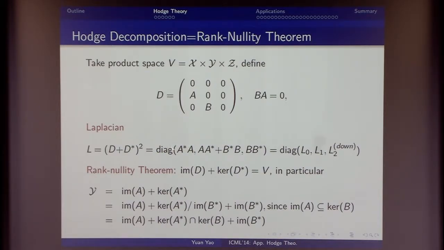This diagonal matrix, the first element will be an operator only acting on X, the self-action. The second part is an operator acting on Y. And the third part will be on Z. And if you are careful enough, you can see that when we develop the zero-dimensional Hodge Laplacian, this is sometimes called a graph Laplacian.